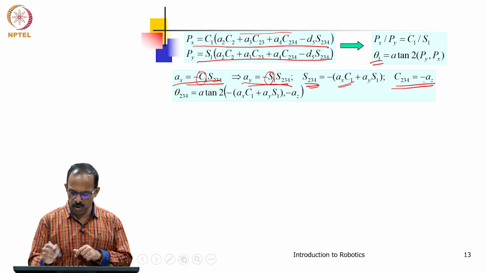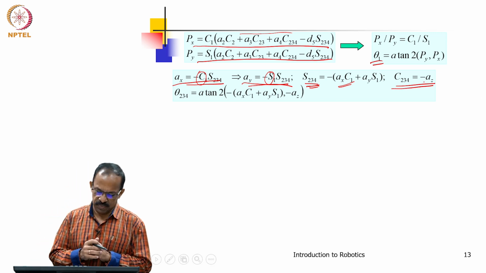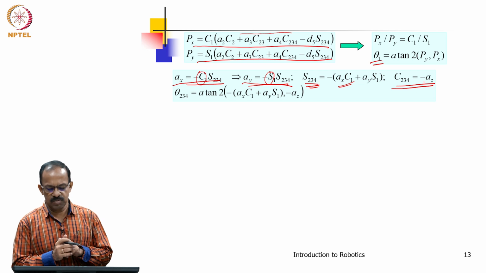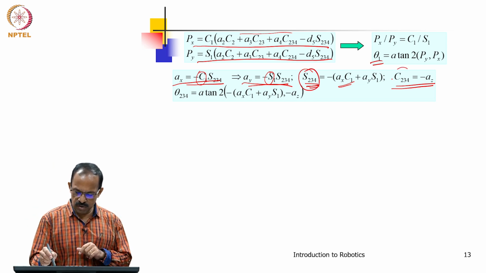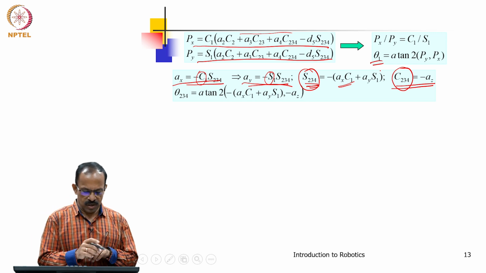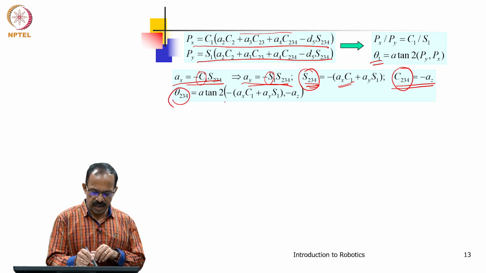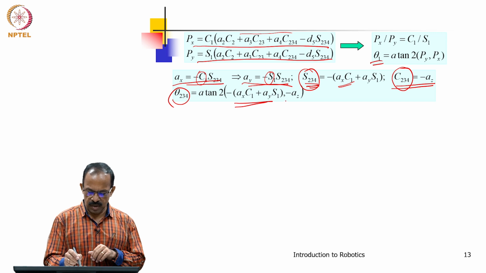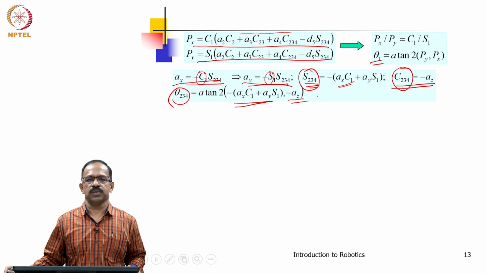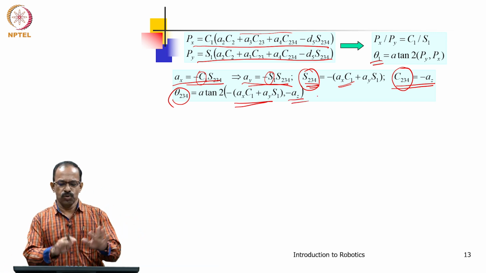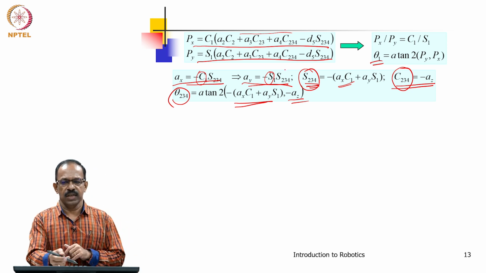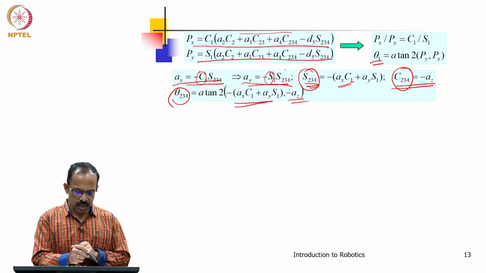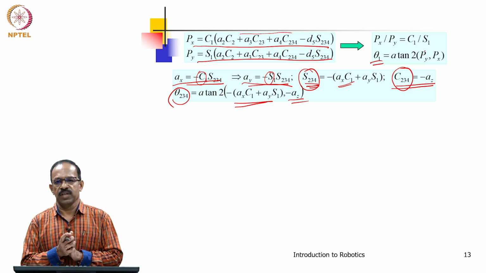Then C234 can be obtained from minus Az, since Az is minus S234 C234. So, we know S234 and C234, and therefore we can get theta 234 as A tan 2 of minus Ax C1 minus Ay S1, minus Az. So, we do not need too much substitution here; we can directly look at the equations and see they can be solved. So, we get theta 234 from this relationship.